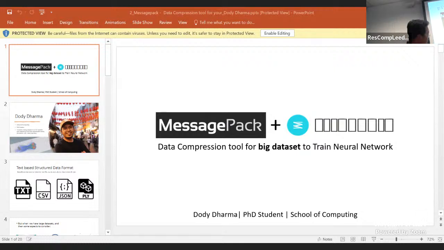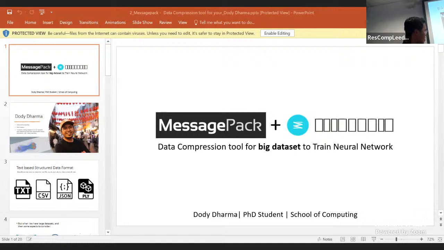So what is MessagePack? Actually, this is like JSON, but fast and small. So we store the same data, but in a very compact format. It's kind of like serialization actually, but we save a certain chunk of data.